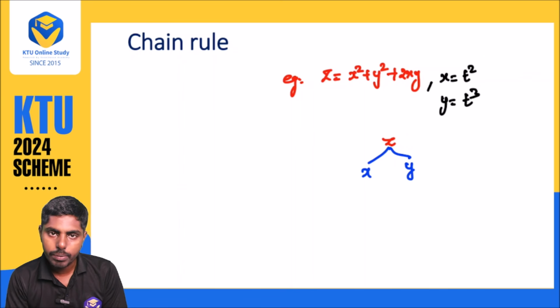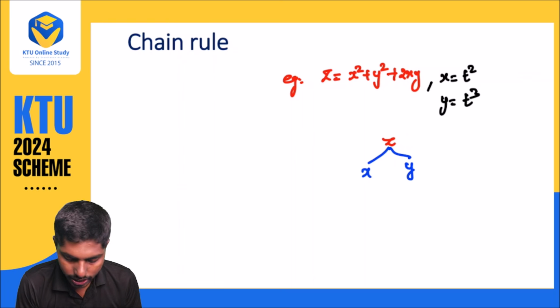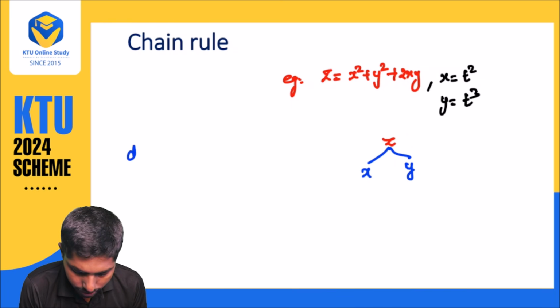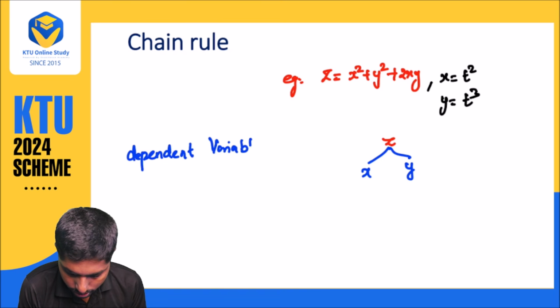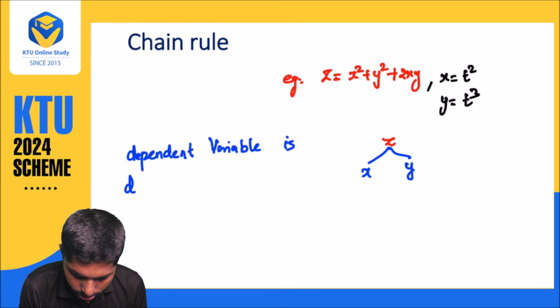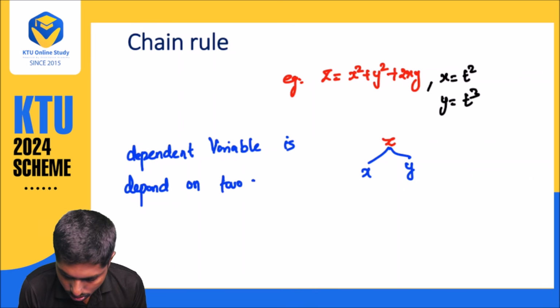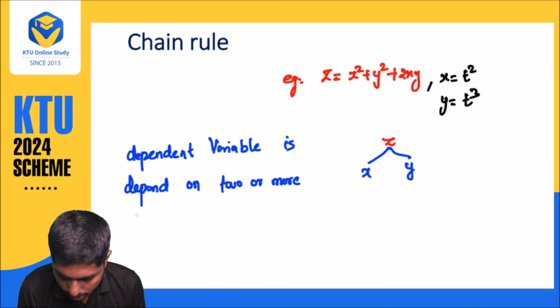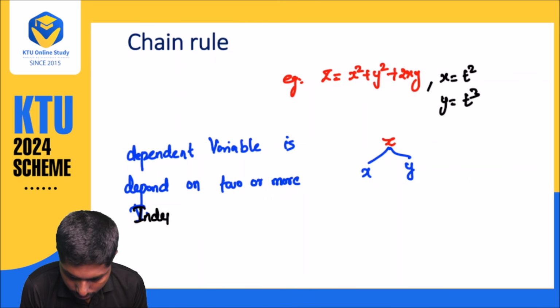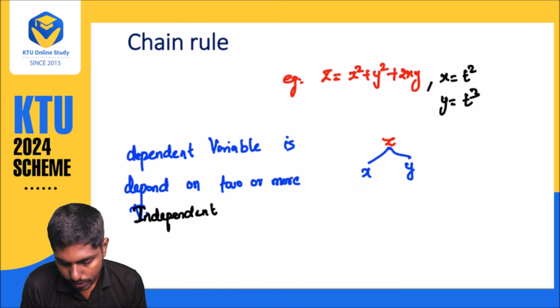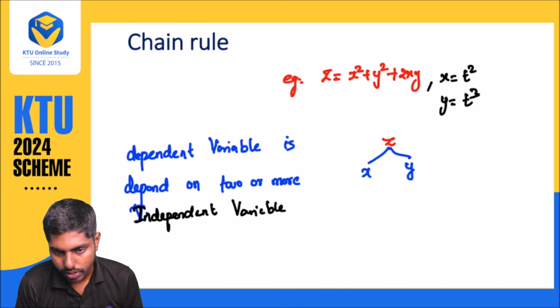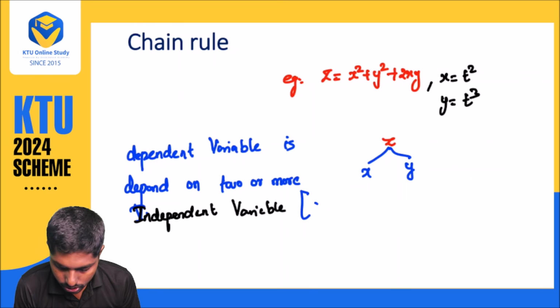When a dependent variable depends on two or more independent variables, then we will be taking the partial derivative.